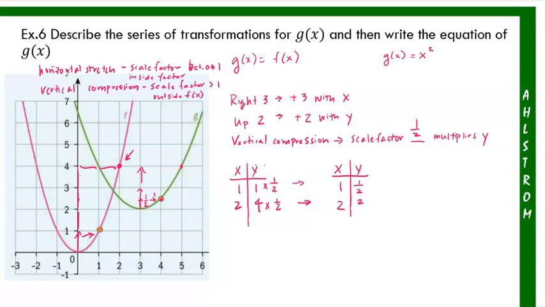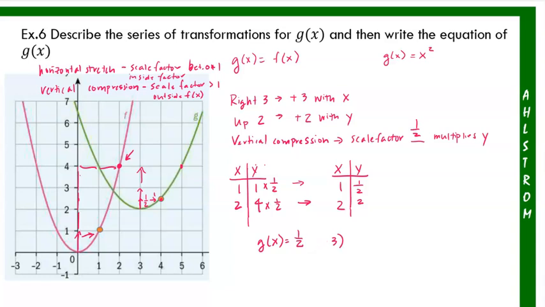Okay, so it is a vertical compression with a scale factor of 1/2. Now, after you do that, you can go ahead and write your equation. So g of x got created by 1/2. That's where the vertical compression goes. X, right 2 is going to be a -3. Oh, whoops.